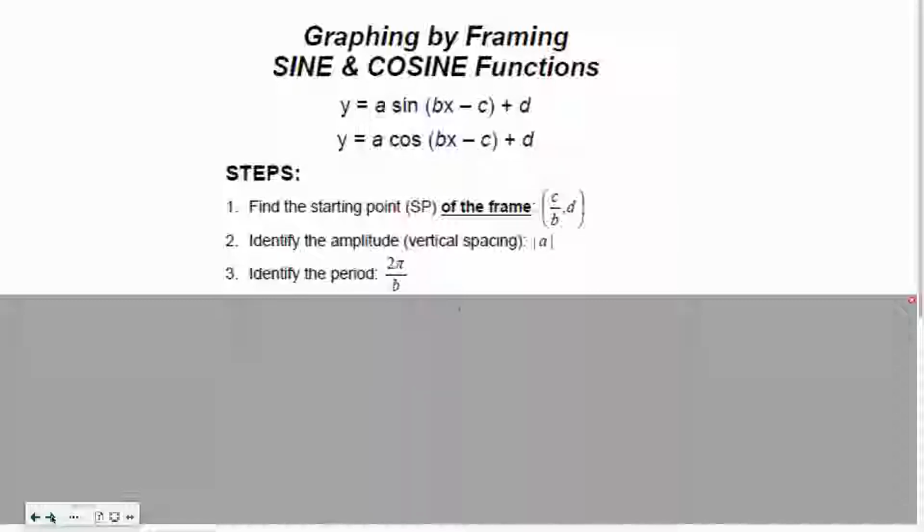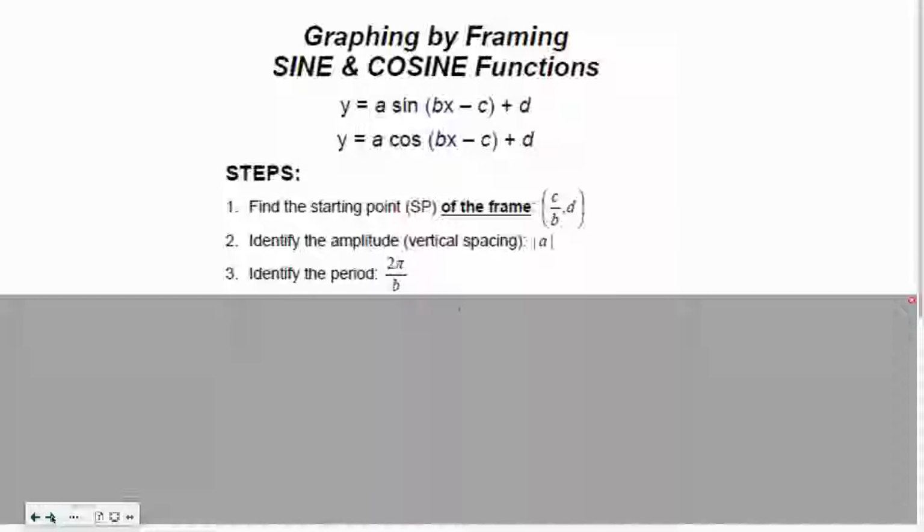If you put your hand over number 4 and everything below it, you already know everything at the top. Those 2 equations at the top have the A, B, C, D parameters that we talked about. And 1, 2, and 3 are the same things we've been doing for what feels like forever now: amplitude, starting point, and period.